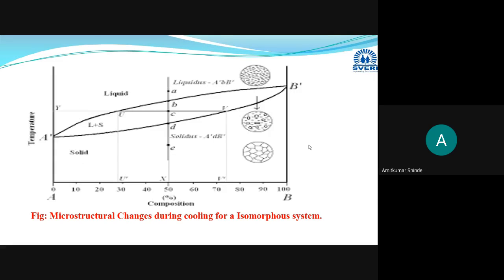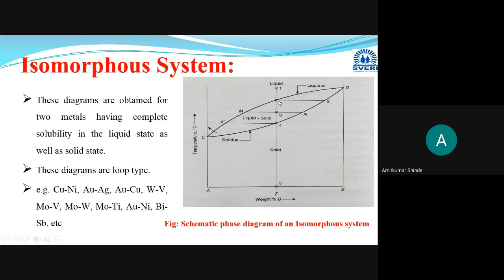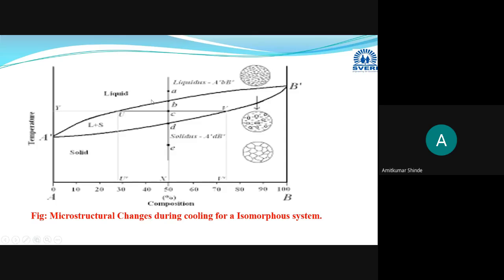Please draw the microstructural changes also. For this isomorphous system, first the top region 1 to 2, I will explain. For this 1 to 2, there will be liquid. Then 2 to 4, liquid plus solid, and 4 to 5, only solid. Also show those microstructural changes there.